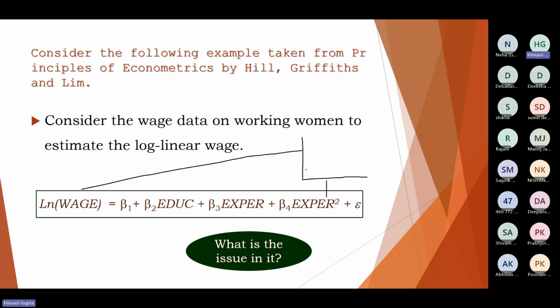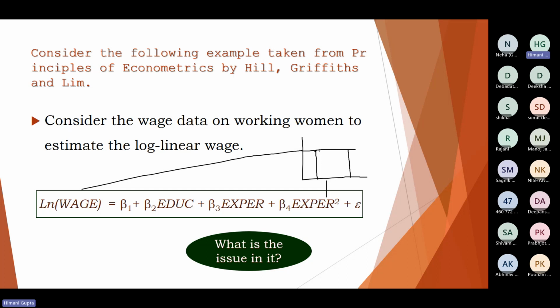So I am saying that wage is increasing as experience is increasing. At this point your wage is increasing, then let's say this point. But it can also happen that your experience is increasing, over here your experience is 10 years, over here is 20 years, but still your wages are the same. So this can also happen. The wage remains constant with 10 years of experience and 20 years of experience also. So there are 2 points over there.